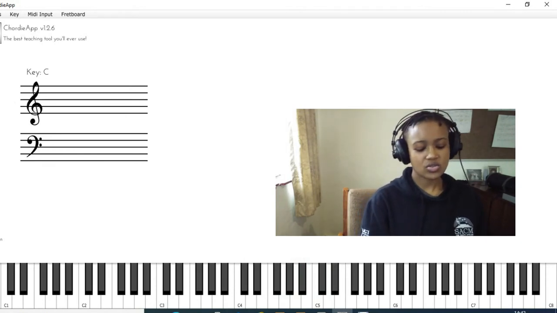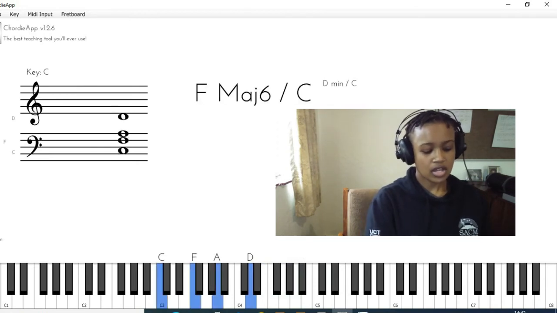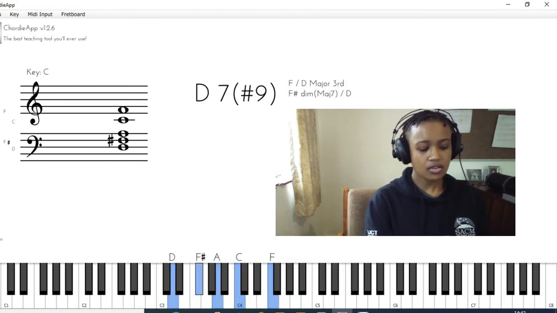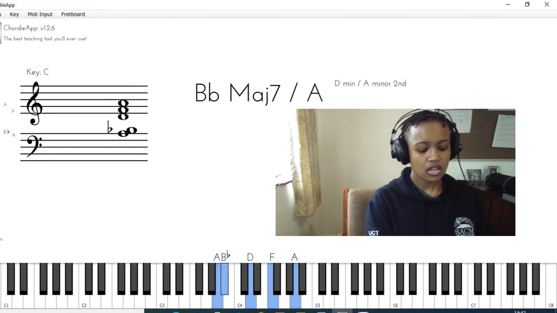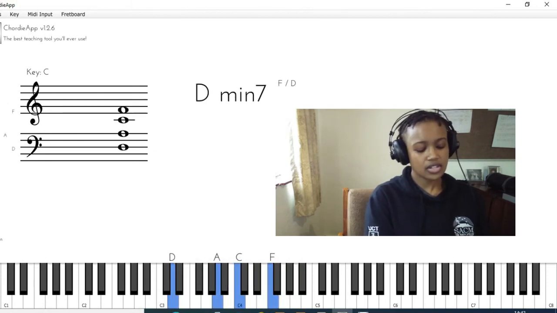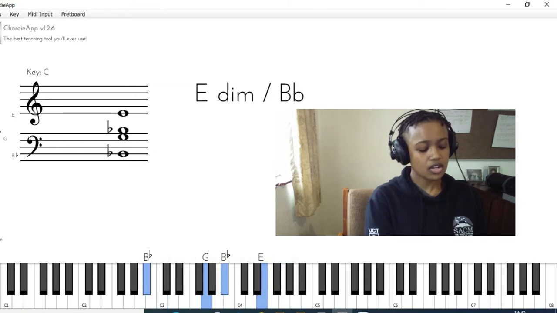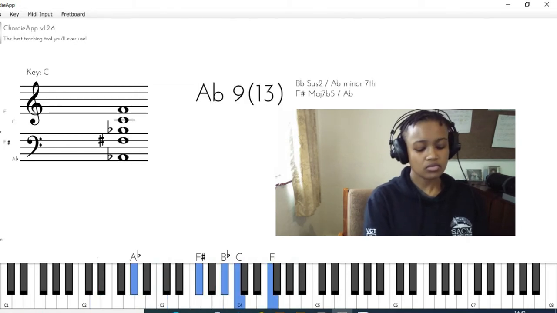So what you can do is, you know, you can kind of build diminished chords out of this here as well.